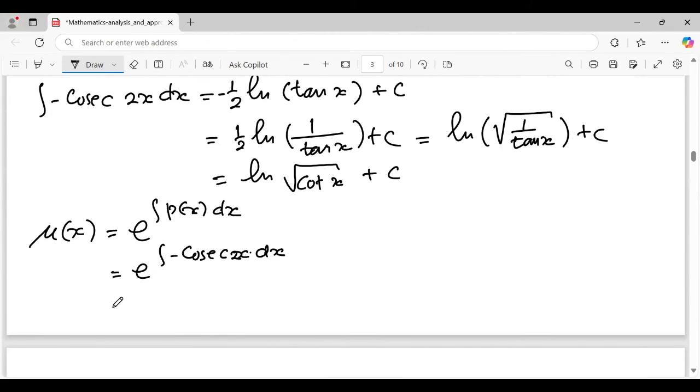And the result of the integral is this one, e power ln square root cotangent x, or based on the rule of the e number, it is square root cotangent x. So the integrating factor is square root cotangent x.